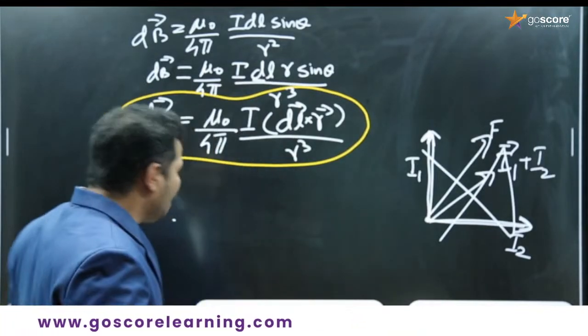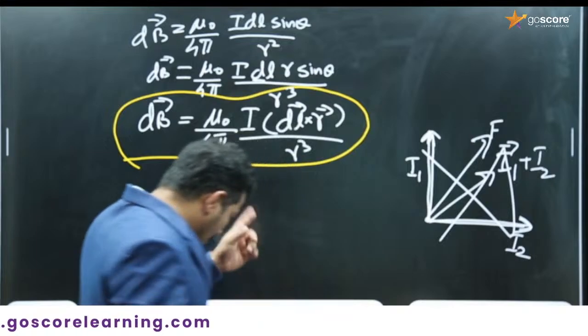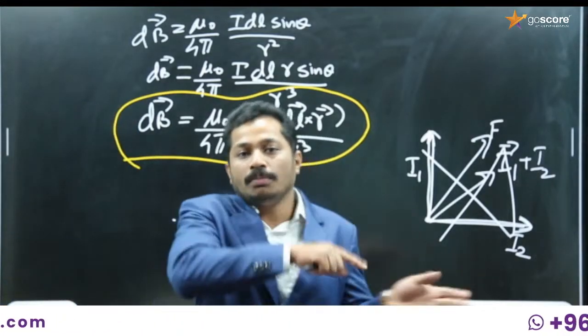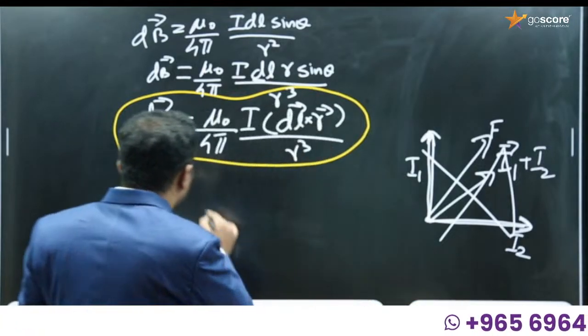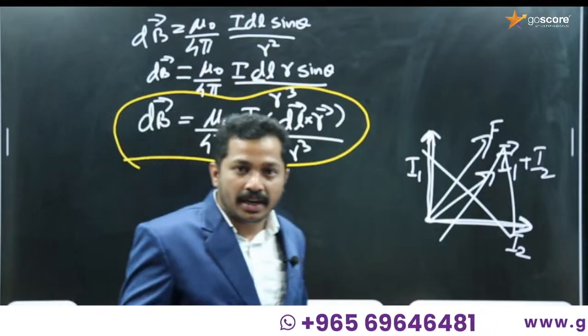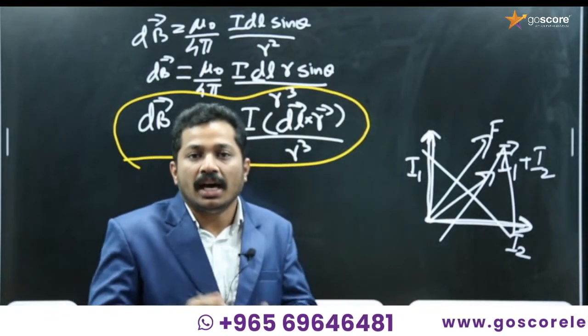Before starting Biot-Savart law, I said that there is a connection with Coulomb's law. Do you remember Coulomb's law? What is Coulomb's law in electrostatics? Coulomb's law gives the force of attraction or repulsion between two charges, right?